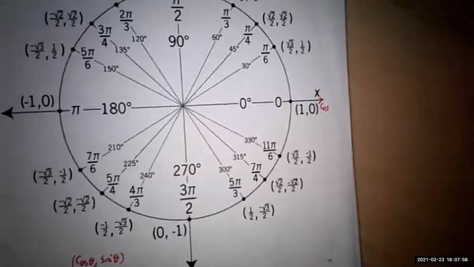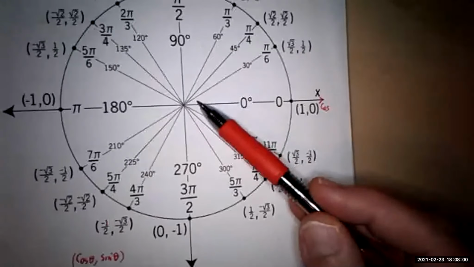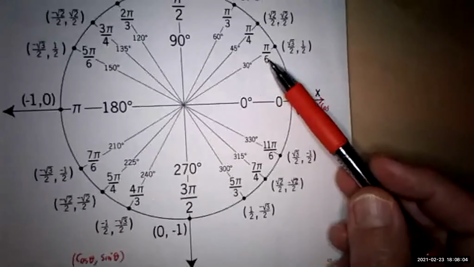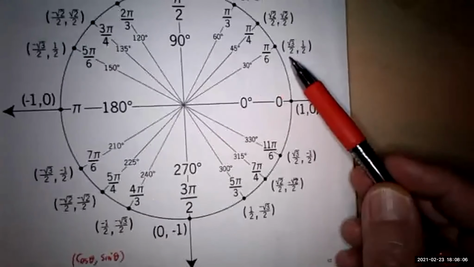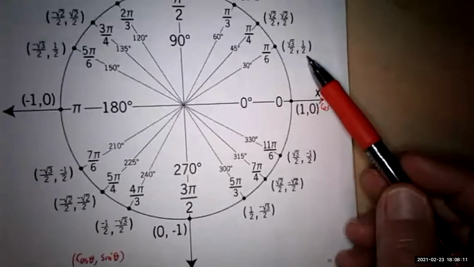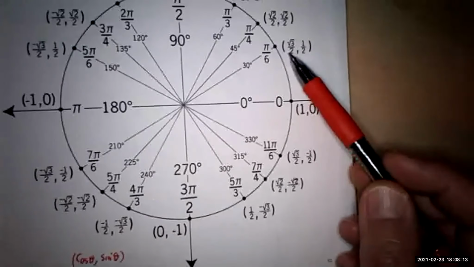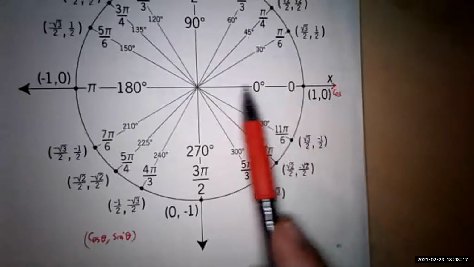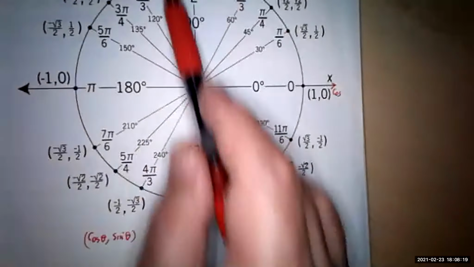For example, if you look at this one, the angle is 30 degrees or pi over 6. The cosine of pi over 6 is radical 3 over 2, and the sine is 1/2. So the first number represents the x-axis: the x-axis is cosine, and the y-axis is sine.